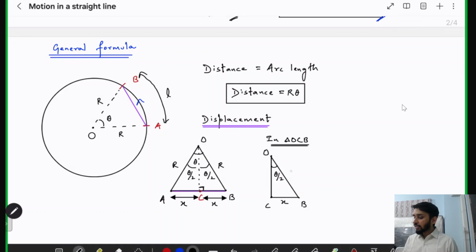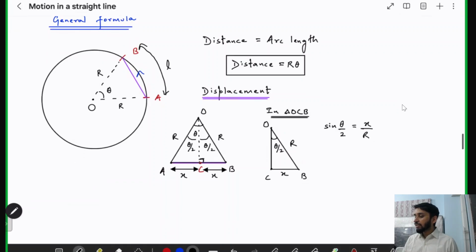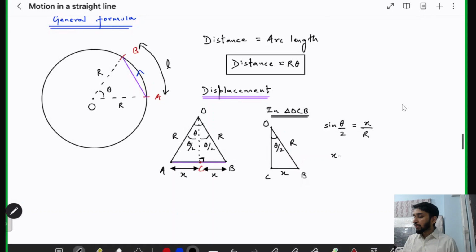This is X, and this is R. Now in this triangle, sine theta by 2 will be equal to X by R, and that will give us X as R sine theta by 2.